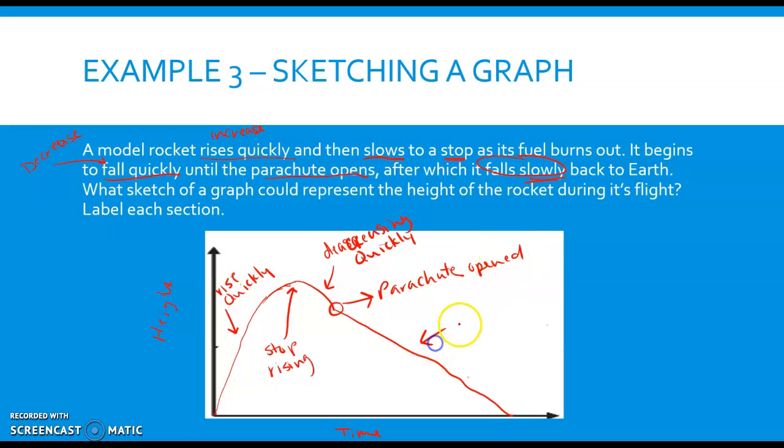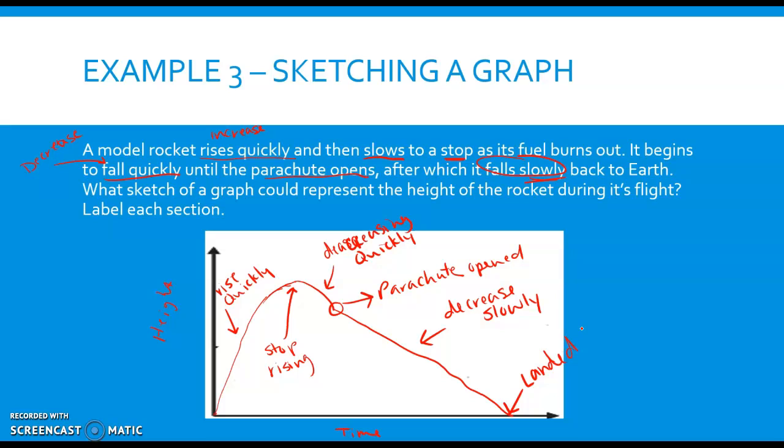And we decrease slowly. And then down here where we hit back onto our x-axis, that is where we landed.